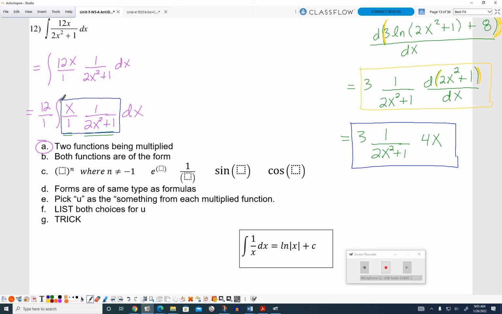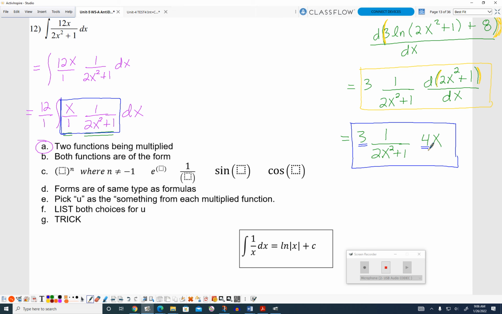Okay? The blue box here is not exactly the blue box here, but I'm hoping you can see that they are essentially the same thing except for differences in multiplying constants. In fact, if we take out the 3 and the 4, we have exactly the same thing.